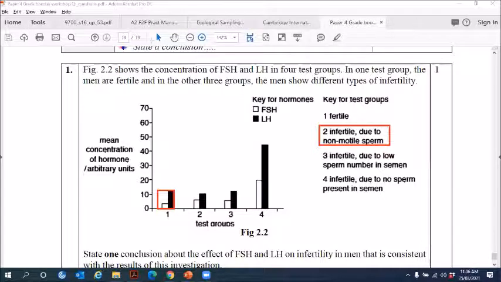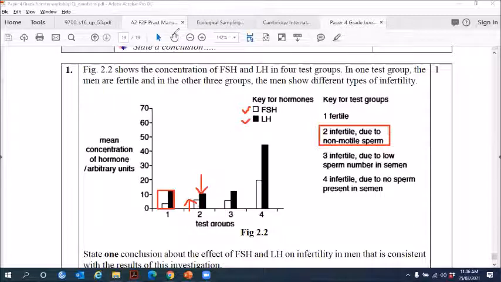What's the difference? If you look at group 2, there is an increase in this, which is the FSH. So there's a higher FSH level than normal, and a lower LH level than normal.